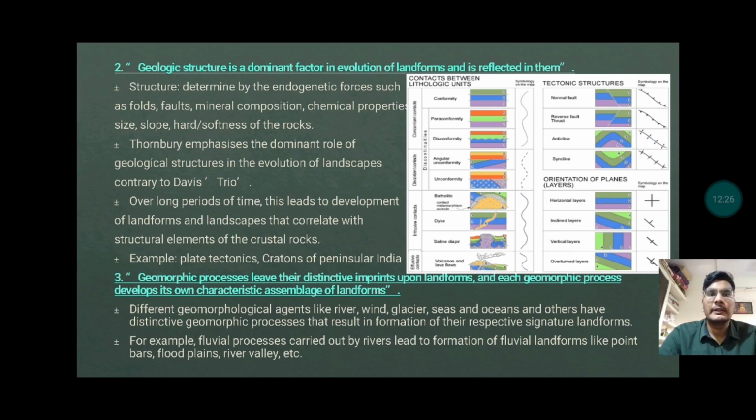Because the rocks in peninsular India are rigid, and the tendency of the rivers to erode them is very low. That's why the geological structure of the Deccan Plateau or the peninsular region is very hard. So it shows the characteristic of the geological structure of peninsular India.